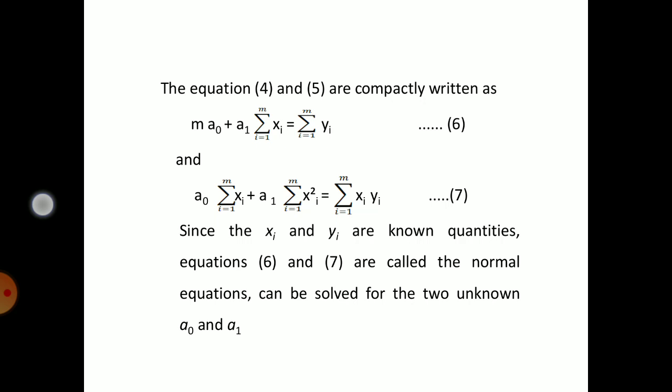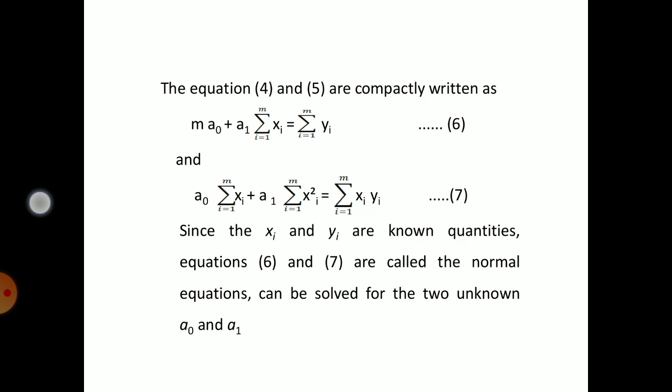Now in these equations 6 and 7, xi and yi are the known quantities because you have been given m data points. As the data points xi, yi, with i going from 1 to m, are given to you, the values of xi and yi are known to you, and therefore equations 6 and 7 are called normal equations. Okay, you have to remember this for MCQ purposes. Equations 6 and 7 are called normal equations.